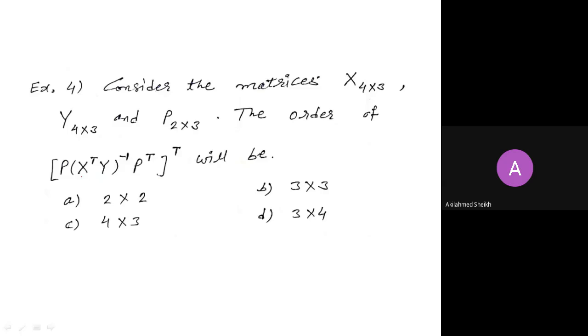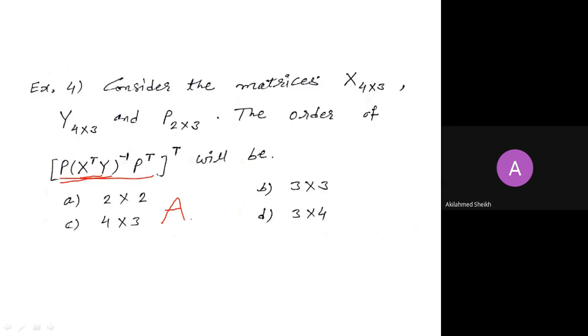First of all, we solve the innermost bracket. First we find the order of the innermost bracket, then we find the order of its inverse, then we find the order of this whole term, and lastly we find the order of its transpose.